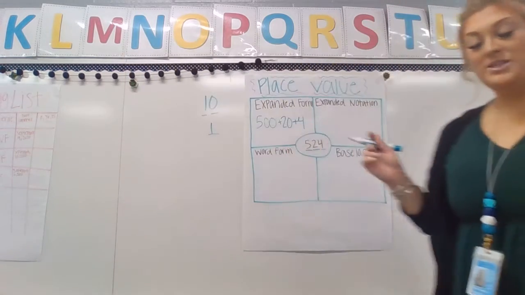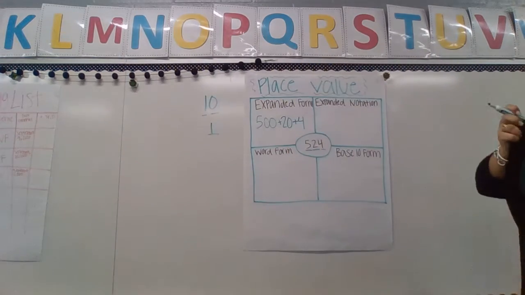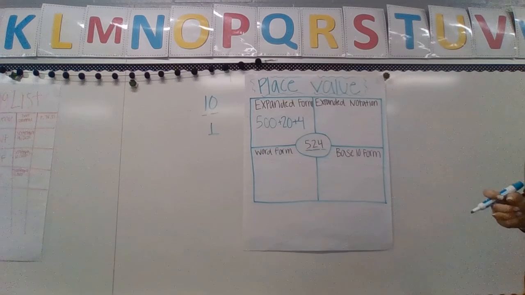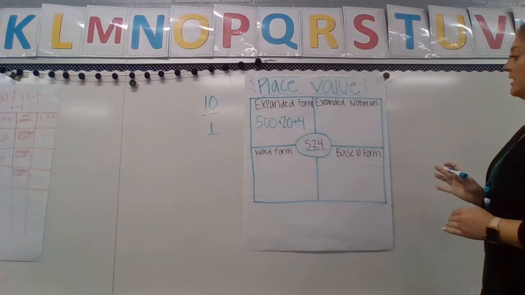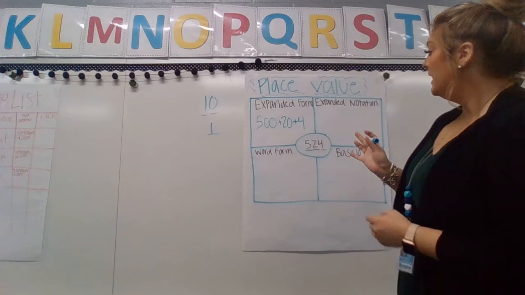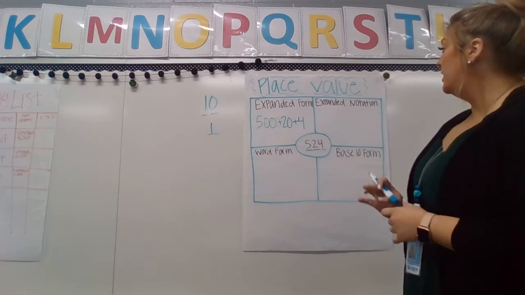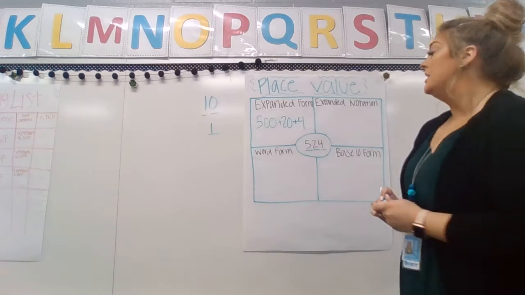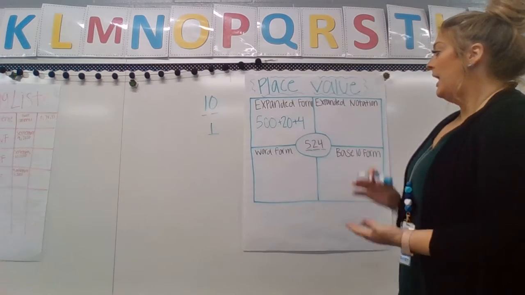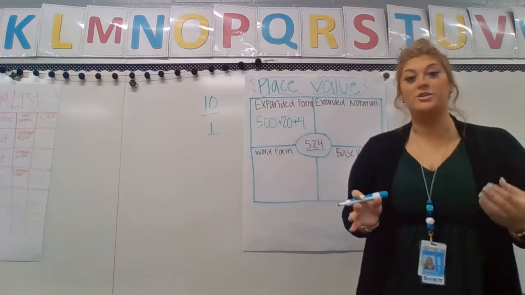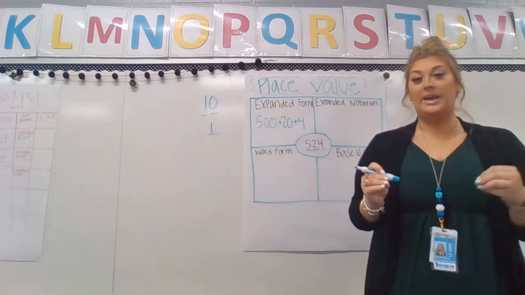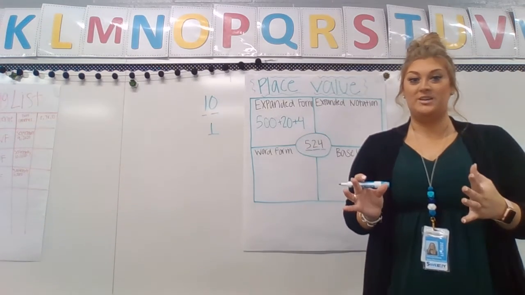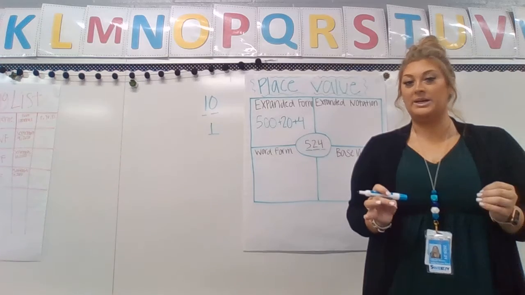Now we're going to write it in expanded notation. This one can be a little bit more tricky because we're going to be working with multiplication. So how many 100s do I need to get 500? Think about it really quickly.